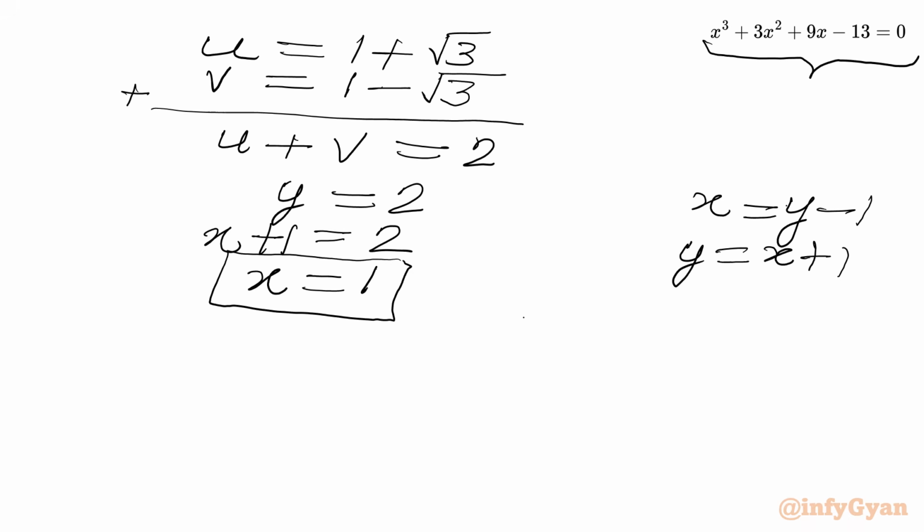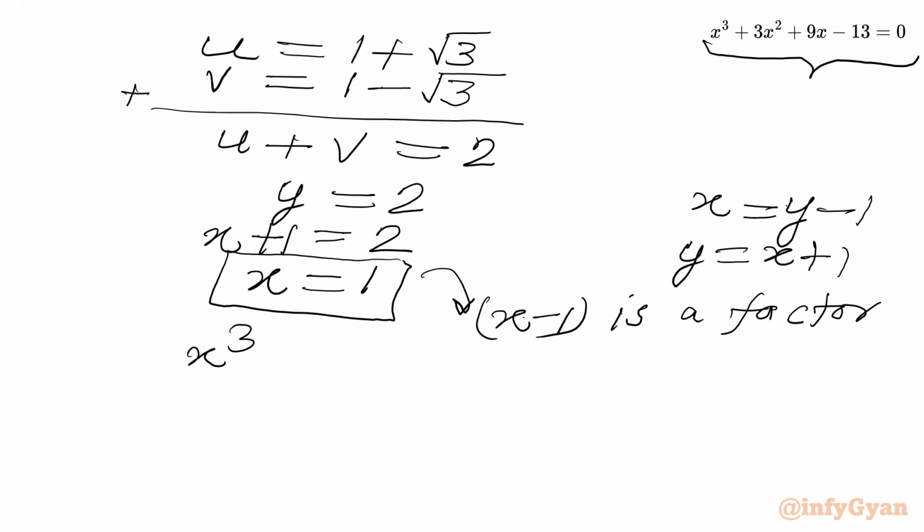In one go, we will find the quadratic expression. So if x equal to 1, then x minus 1 is one factor of the cubic equation. So we will write our equation first: x cube plus 3x square plus 9x minus 13 equal to 0.